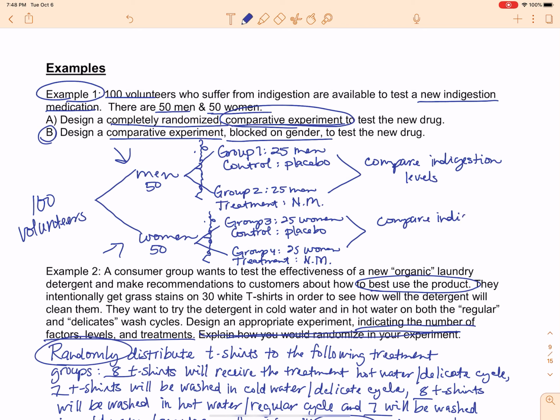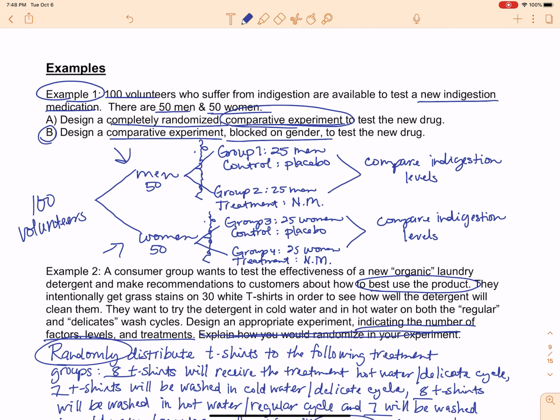Once you block, you don't ever undo the blocks. They stay apart because you think some characteristic, in this case gender, is going to affect the result. So you don't ever compare them back to each other again.